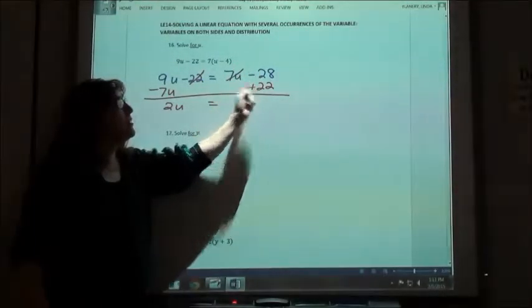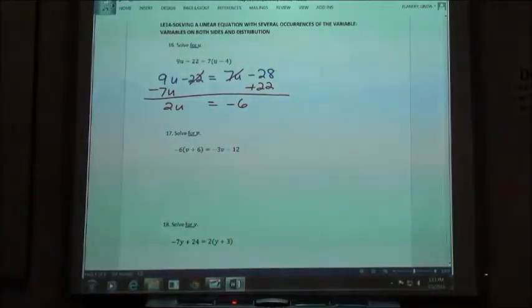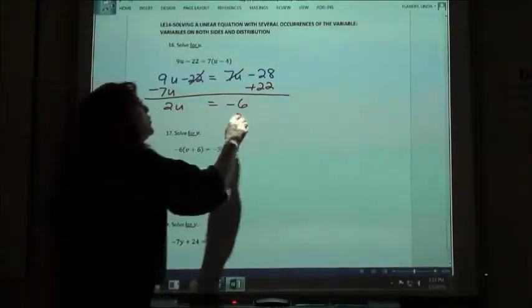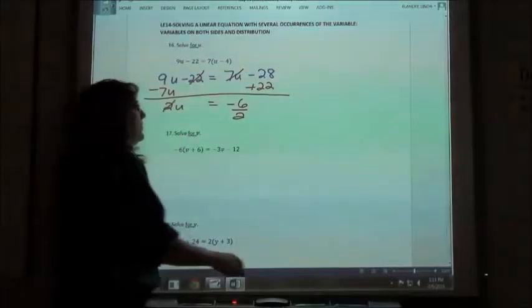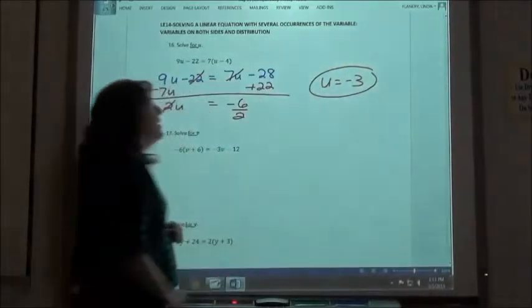Negative 28 plus 22 is negative 6. So if I have 2u equals negative 6, to solve that I'm going to divide by my 2. U then is going to equal negative 3.